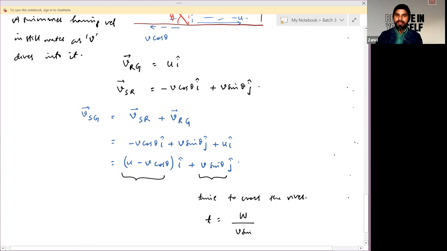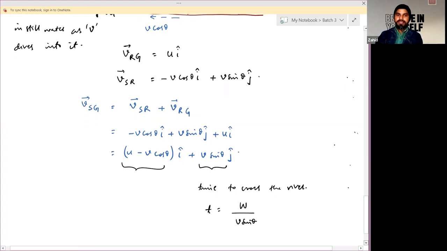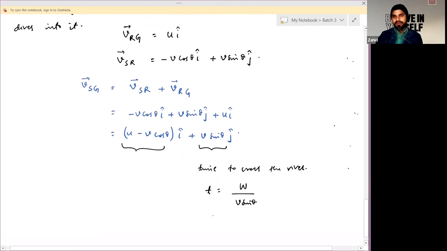Speed is v sin theta. Now, depending upon the value of theta, it will have different value of time. To get minimum time, theta will be maximum, or the value of sine will be maximum. So it will be termed as minimum time or normal stroke. So theta will be 90 degrees.